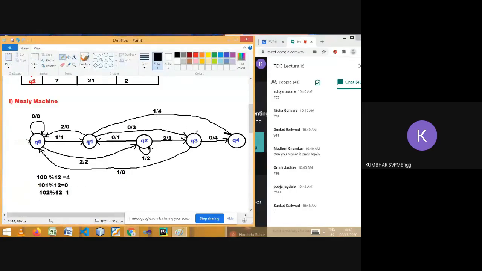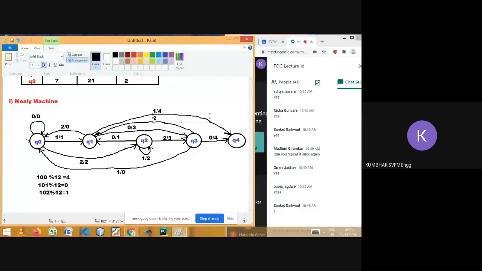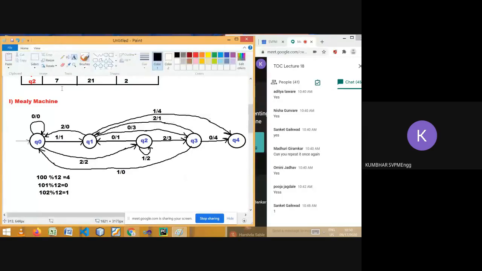Bear with me, I am drawing in Paint, so it might not be proper. But in a notebook you can draw these things well. Sorry, the arrow must be there. So from Q3, if we read 2, it gives the output 1. Correct? So we have completed Q3 also.